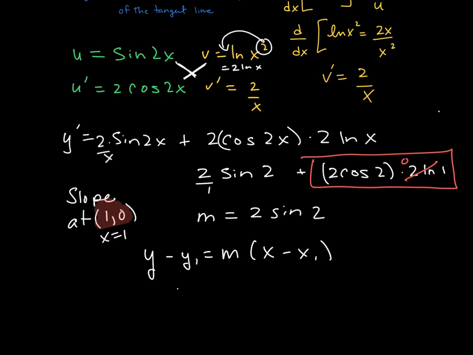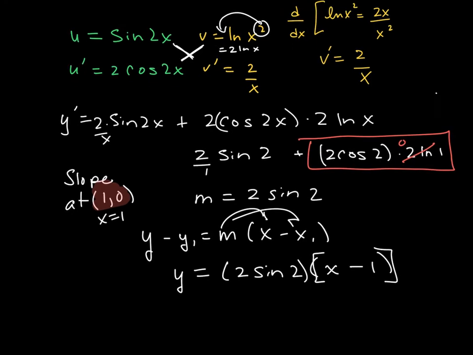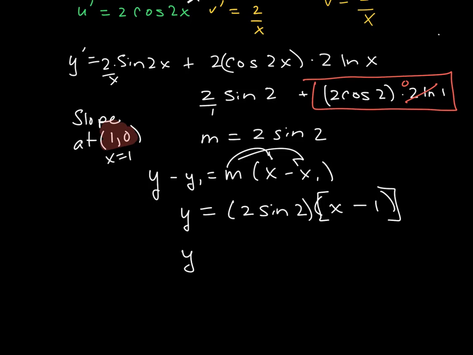I am just left with y is equal to 2 sine of 2 times x minus 1. And this is not inside that argument. Just the same way I would take the slope and multiply times both of those, I would want to go ahead and multiply that back out. So now I have 2x sine of 2 minus 2 sine of 2.